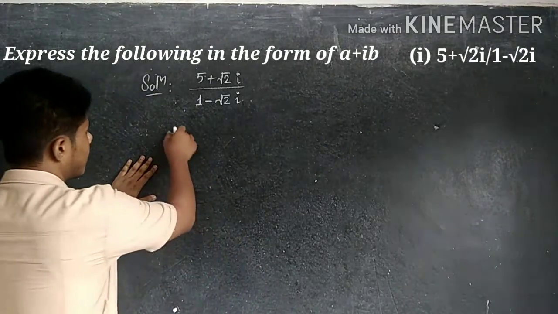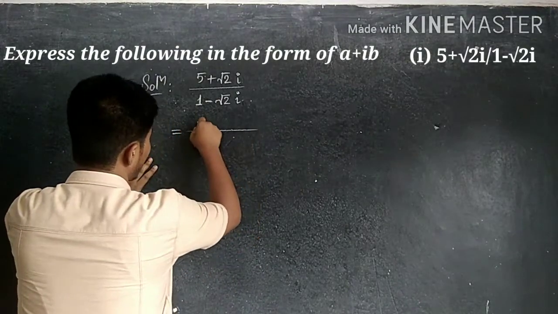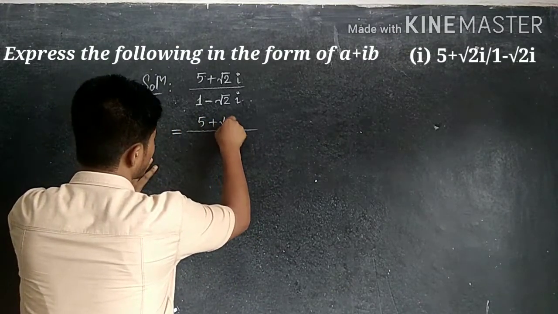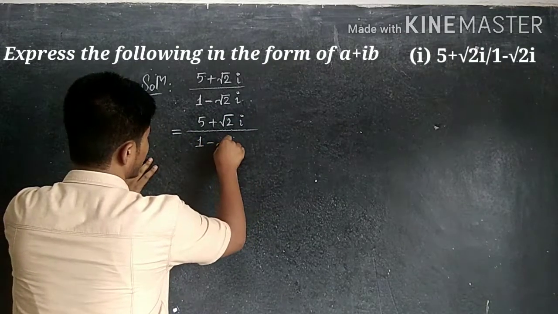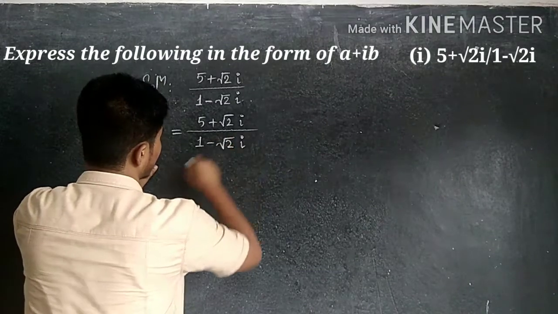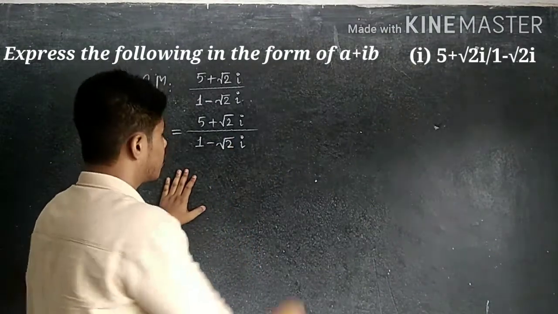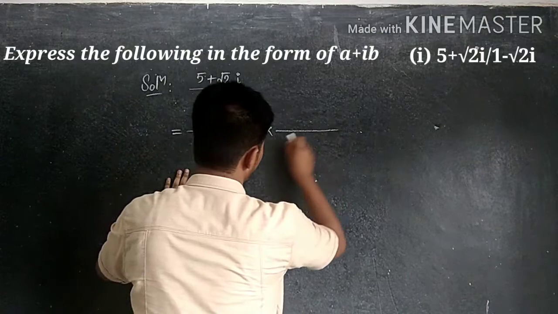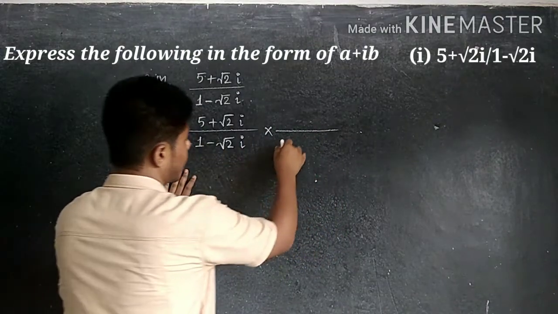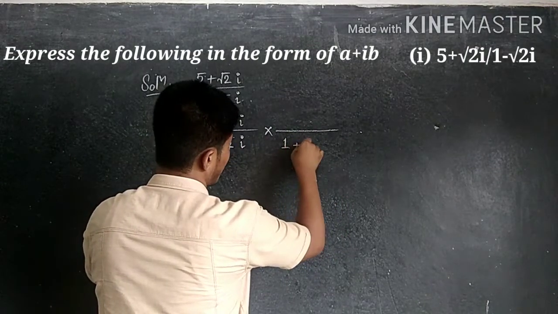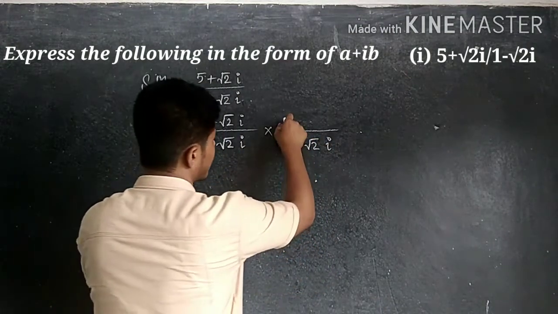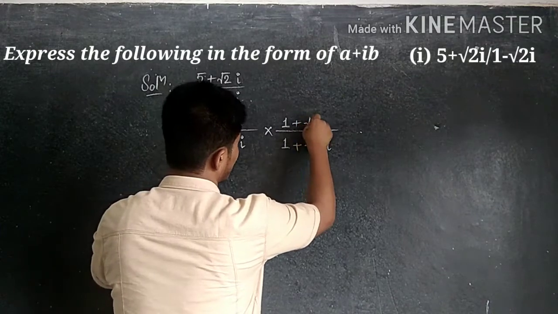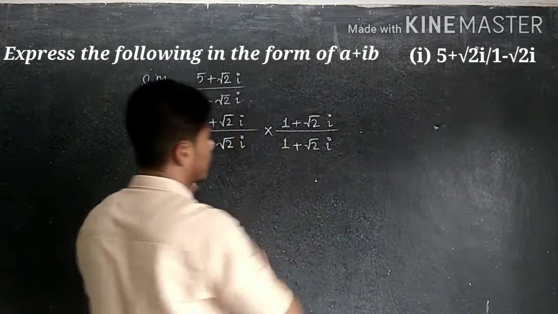For that reason, this one is 5 plus root 2i divided by 1 minus root 2i, and we multiply it by its conjugate, so we write 1 plus root 2i. To balance this result, we write 1 plus root 2i.